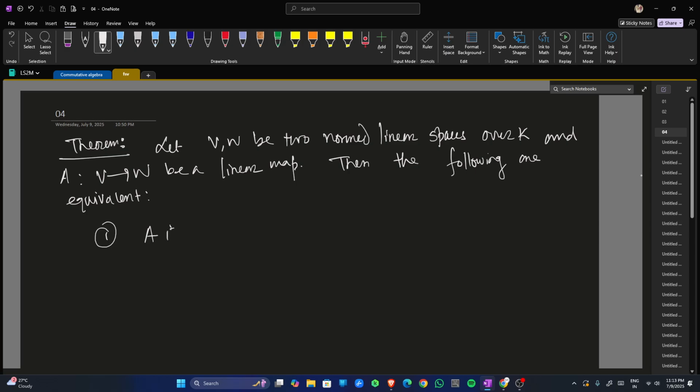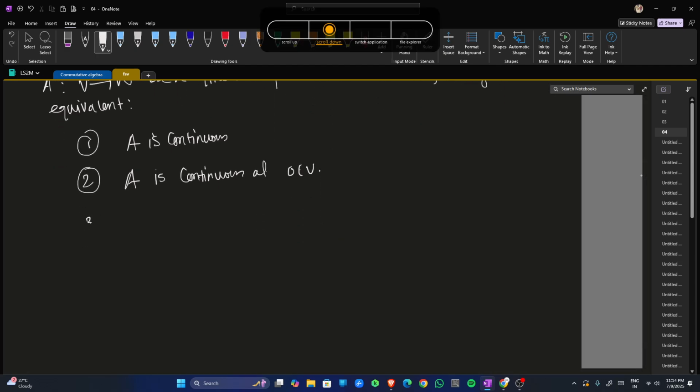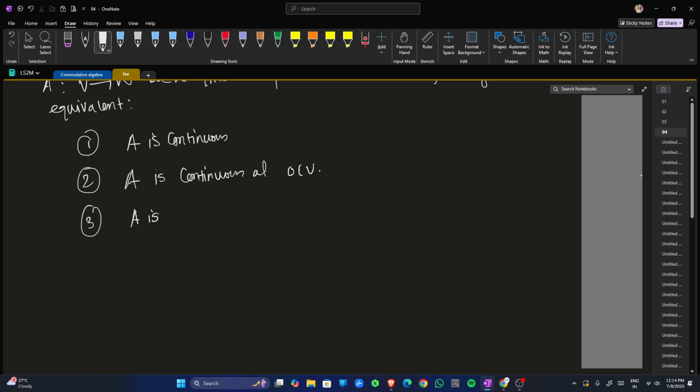One, A is continuous. Two, A is continuous at 0. Three, A is uniformly continuous.